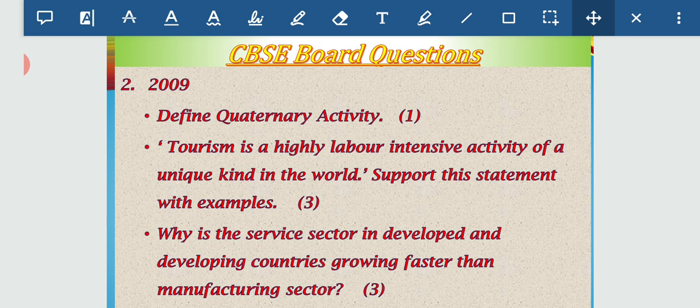Obviously service sector people are highly paid compared to the people engaged in the manufacturing sector, and the manufacturing sector does not have a proper environment for women to get employed, but it is there in the service sector. So these are the reasons why the service sector is fast growing in developed and developing countries compared to the manufacturing sector.